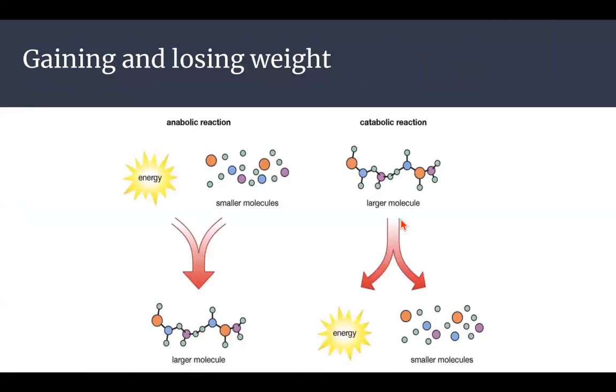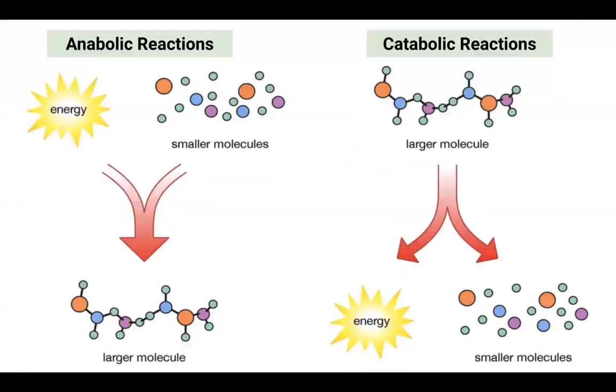So the balance between these catabolic and anabolic reactions is pretty important, because during an anabolic reaction, that's when your energy is used in the form of ATP, whereas in catabolic, you release energy.